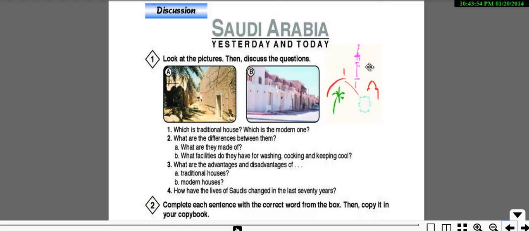Well, apparently in photo A, you can see an old house that is made of mud, and it cannot really prevent heat and doesn't have lots of cooling services. It's not made to prevent rain damage, because it's in the desert already, so there's not much worry about it.